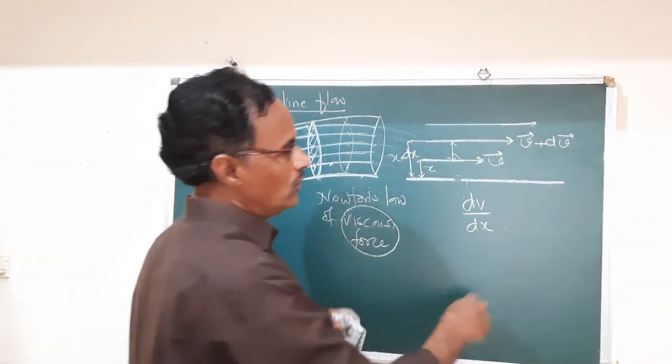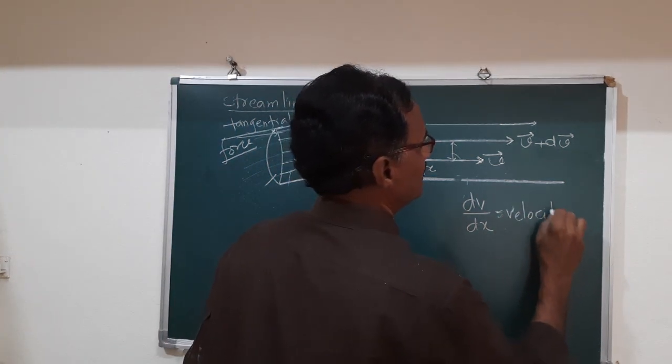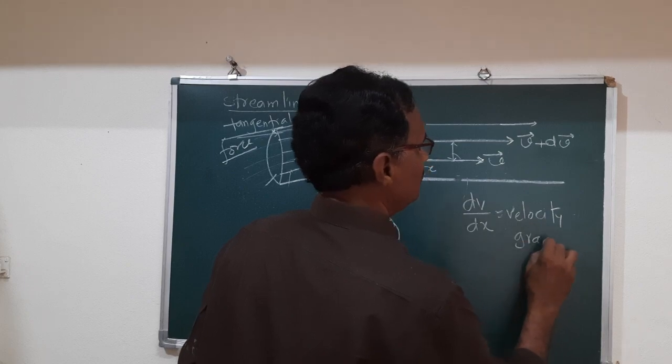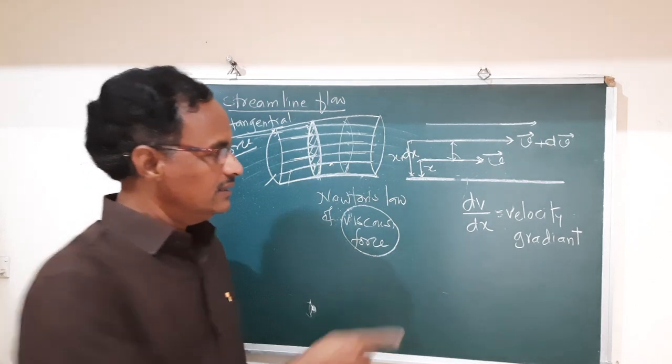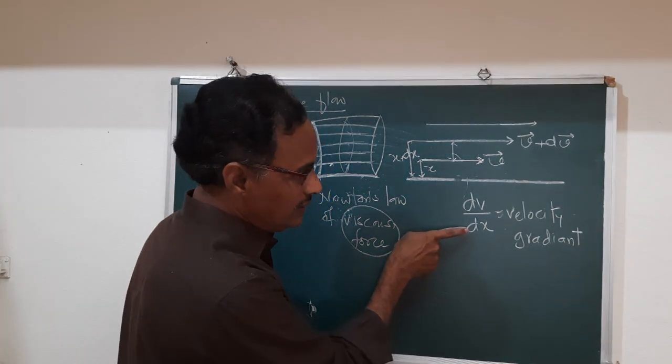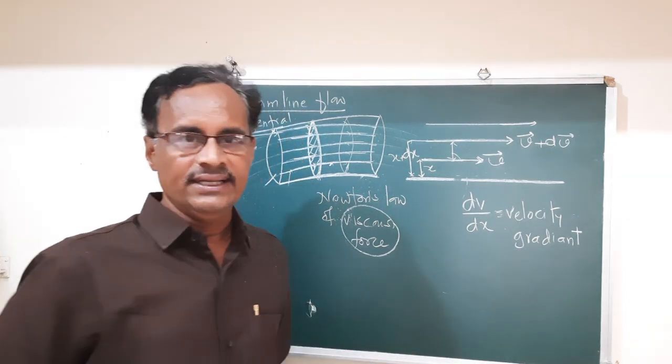Now this is called the velocity gradient, dv by dx. The rate of change of velocity of the fluid with respect to distance is called the velocity gradient.